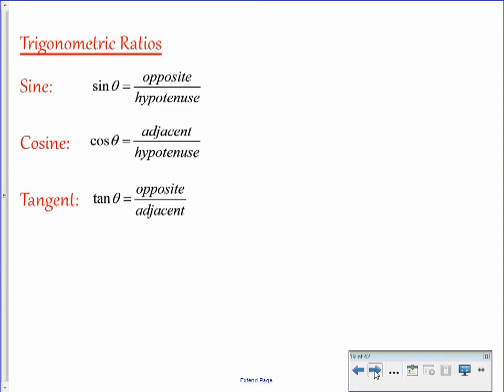We abbreviate that COS. We got that little 0 with the slash in it, and it's equal to adjacent over hypotenuse. And then last but not least, we have the tangent, abbreviated tan, which is the opposite over the adjacent.